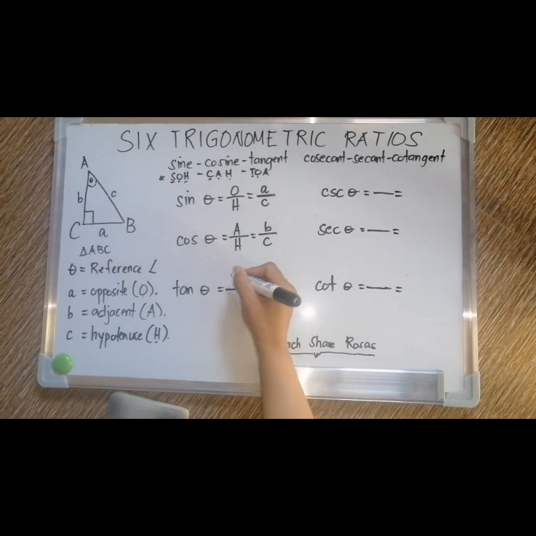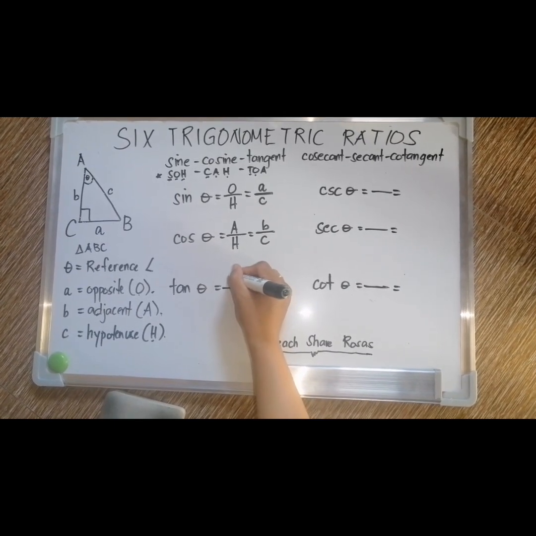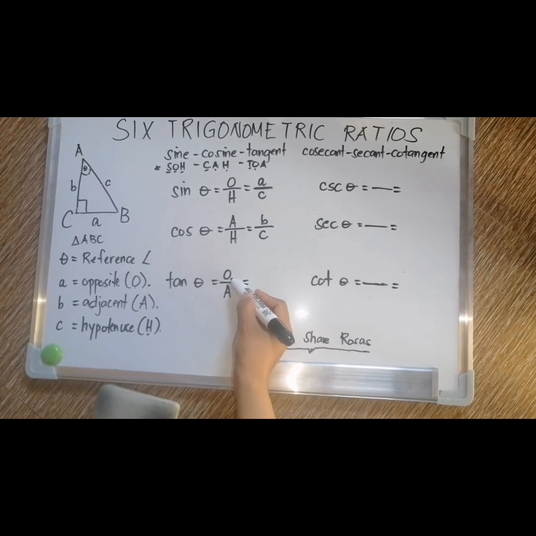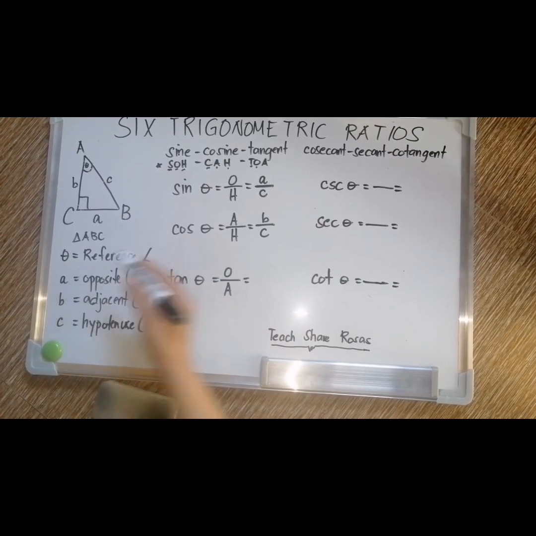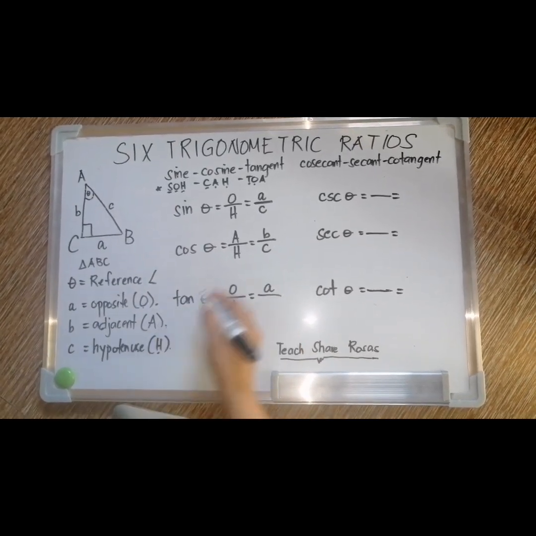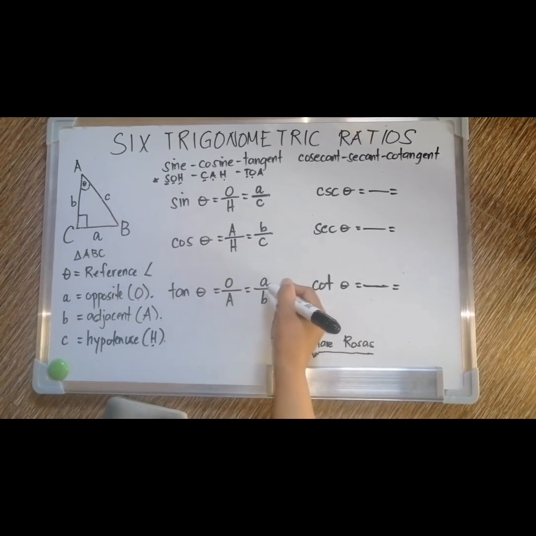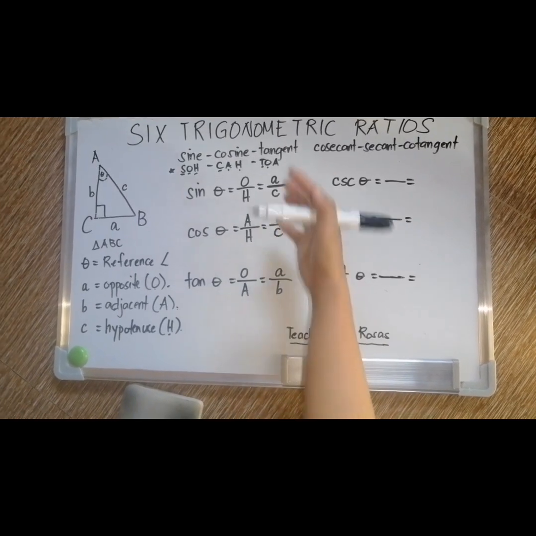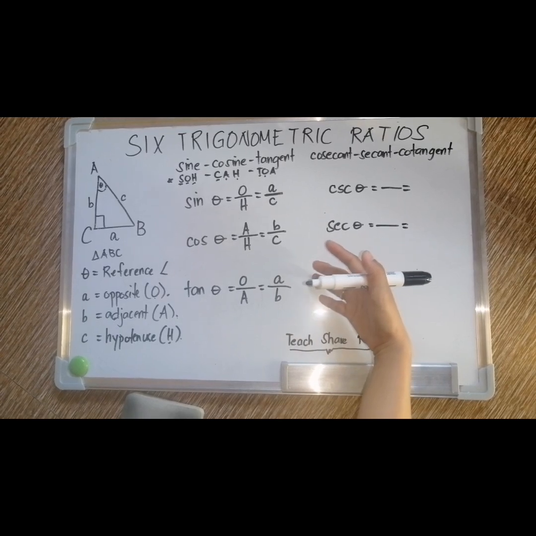Tangent theta is equivalent to opposite over adjacent. Our opposite side is side A, and our adjacent side is side B. So, tangent theta is equivalent to A over B. Now, we have identified the three primary ratios.